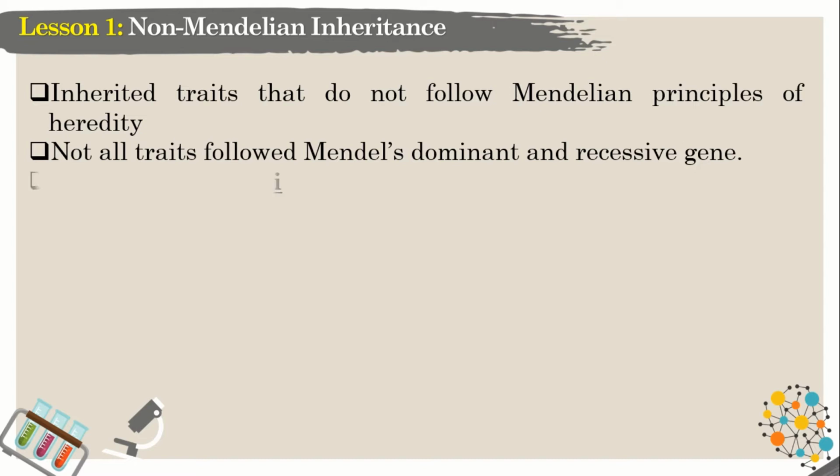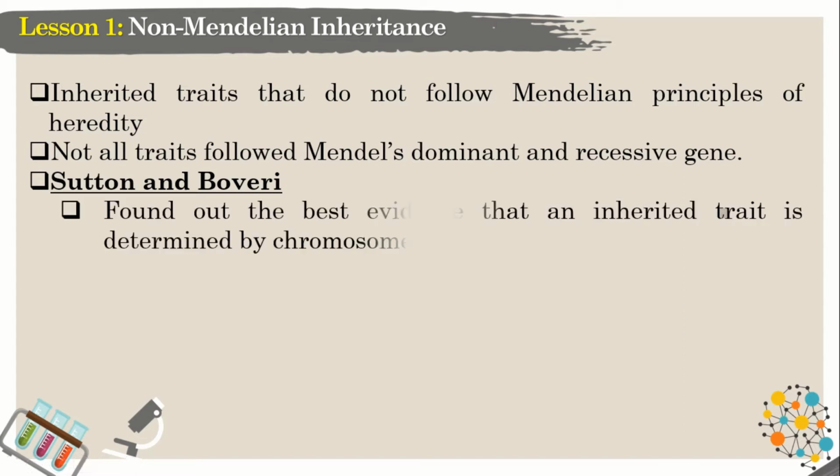In non-Mendelian inheritance, in order for this mode of inheritance to be possible, we should acknowledge these two scientists because they are the ones who studied and discovered the best evidence that inherited traits from the parents were determined by the chromosomes.